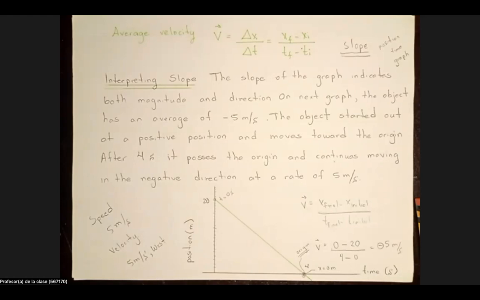If I choose east to be positive, so if I calculate average velocity, the sign will mean always the direction. In this case, a positive 5 here will represent 5 meters per second to the east. Okay, I choose the direction.